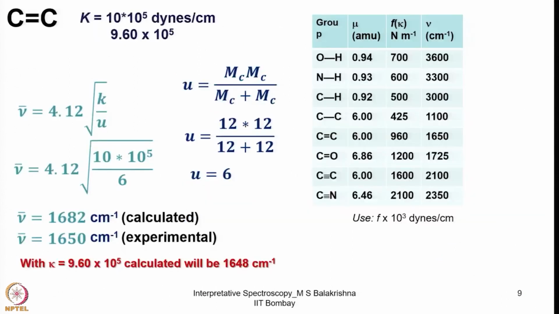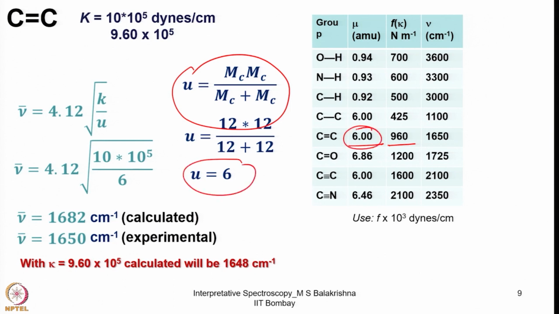So let us try this method here for some simple molecules. For example, where we have C double bond C, you can consider here 10 into 10 to 5 dynes per centimeter, or the value is also given here, C double bond C, stretching force constant is 9.60, that means 9.60 into 10 raised to 5 you can take. Then if we apply here, of course, this can be calculated here, we get mu as 6 here for C double bond C, this is what I have shown here in the table.